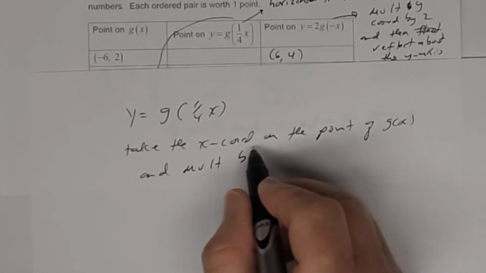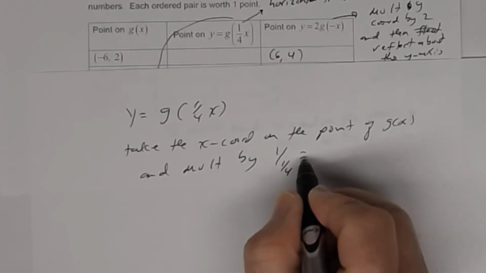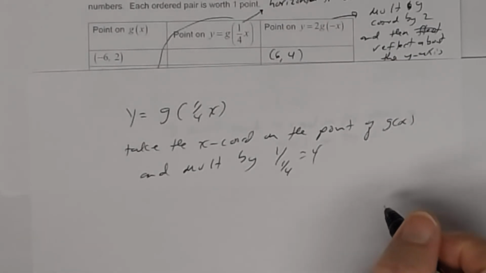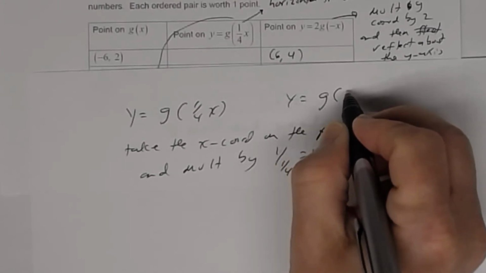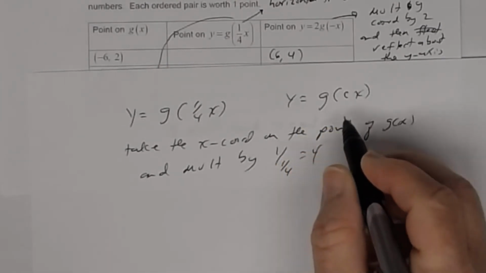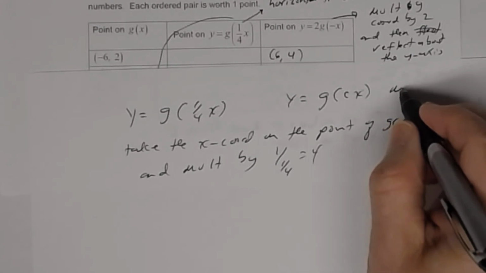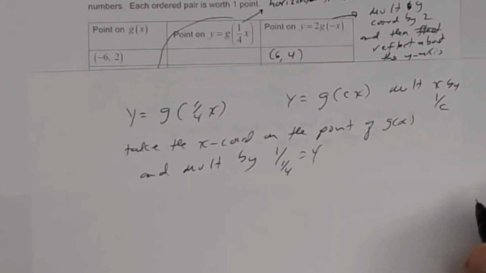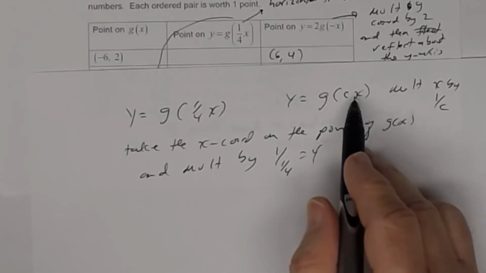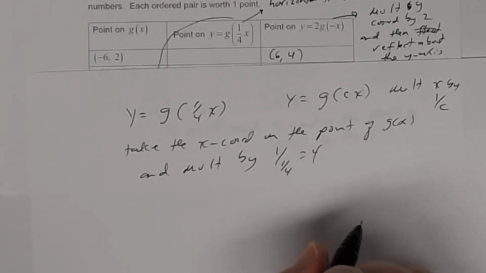In this case, it'd be 1 divided by 1/4, which is 4. So if this is y equals g of cx, with c right here, that means you're going to multiply x by 1 divided by c. The reciprocal of c means 1 divided by c.